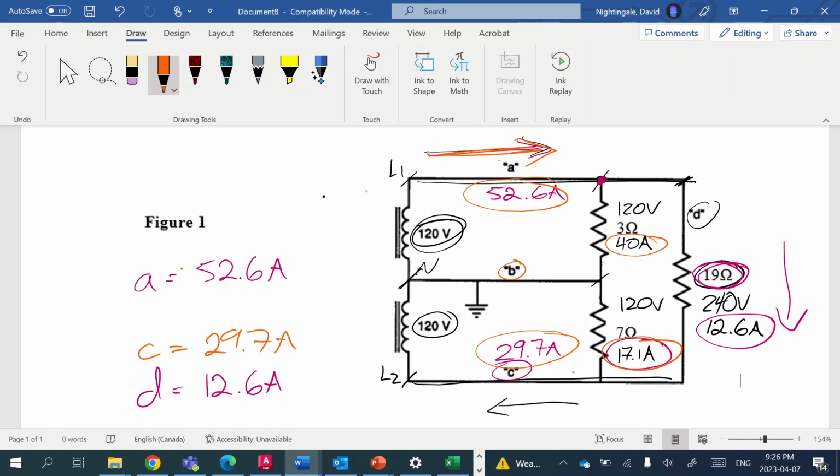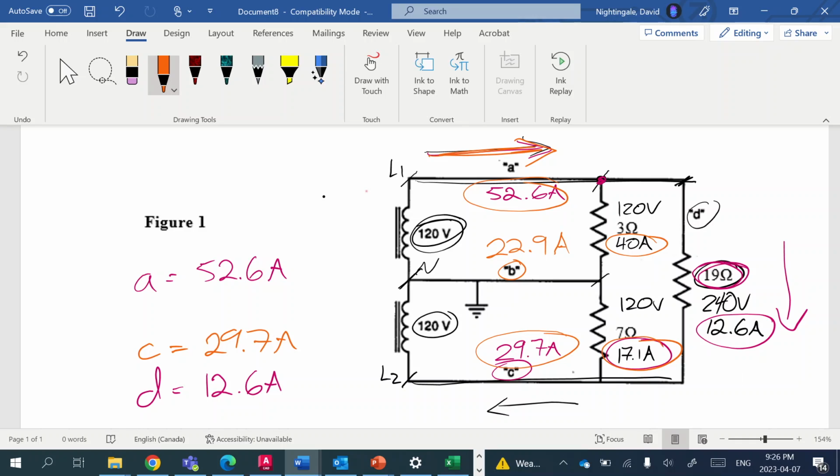So the balance has to be going through our neutral, which is going to be the difference between 52.6 amps and 29.7 amps. So we're going to go 52.6 minus 29.7. It's going to give us 22.9 amps.